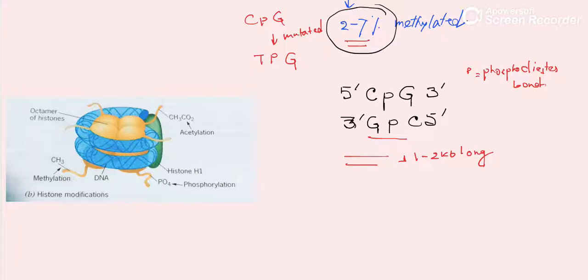In the human genome there are almost 30,000 such islands, most of them situated near the transcription initiation site.